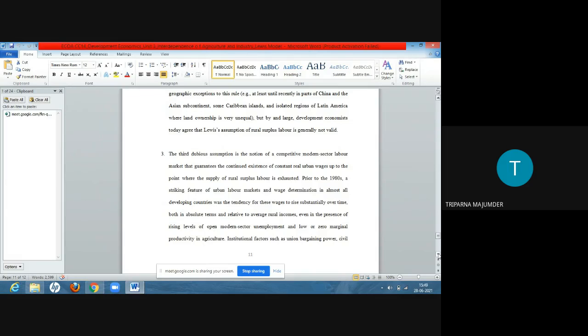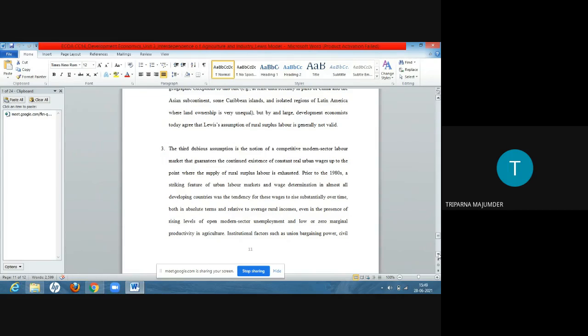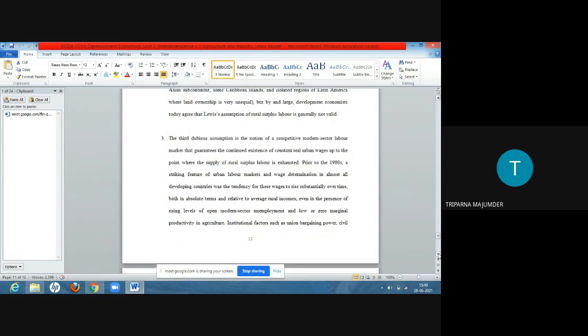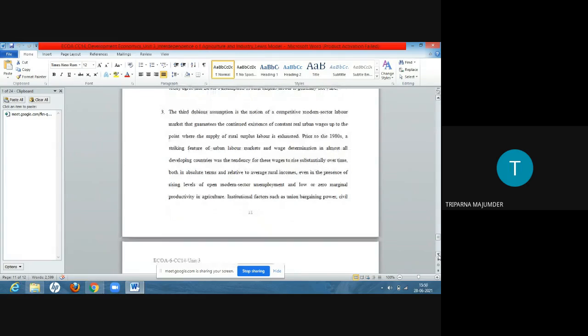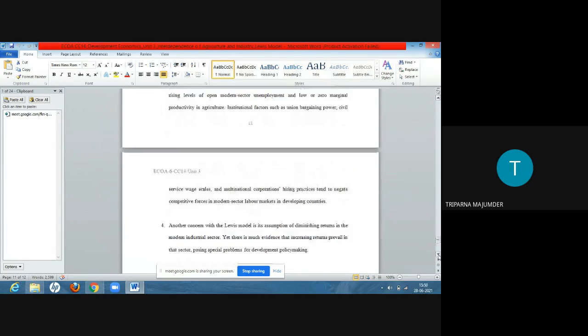Institutional factors such as union bargaining power, civil service wage scales, and multinational corporations' hiring practices tend to negate the competitive forces in the modern sector labor markets in developing countries.